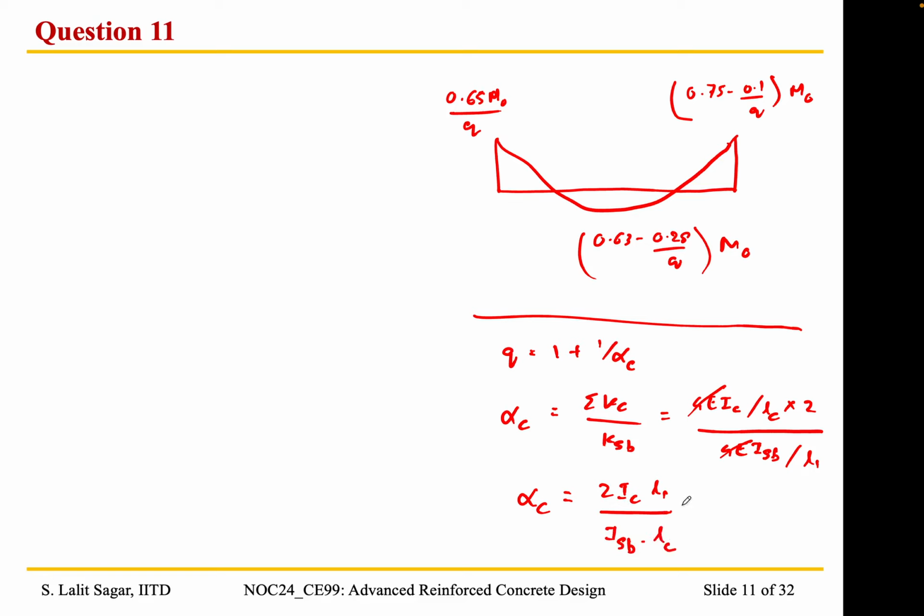Upon simplifying, I got a value of 0.44743. Sir, I hope you are getting the similar answer. Correspondingly, q will be 3.108.